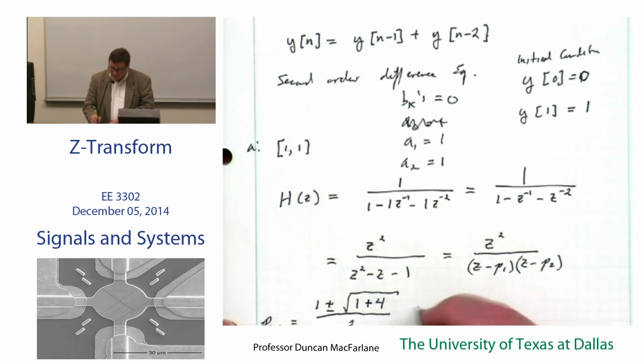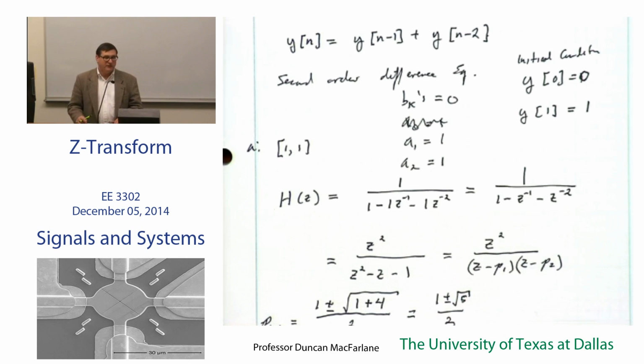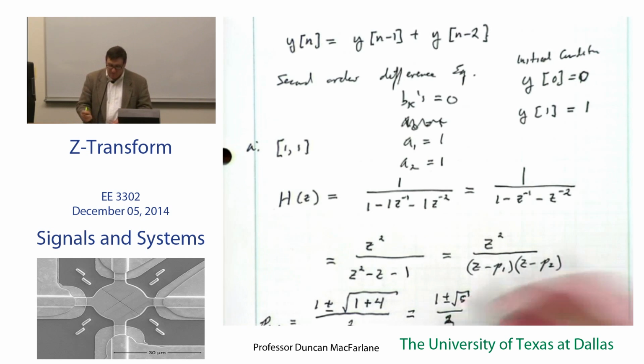And this is equal to 1 plus or minus the square root of 5, over 2. And that's your mystical golden mean. So that's where that comes from.